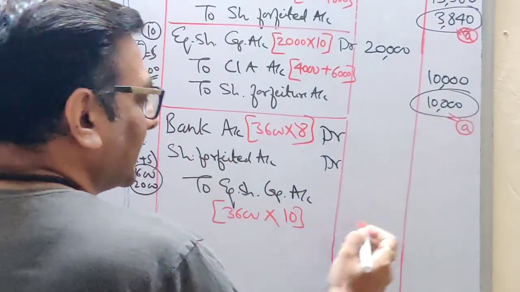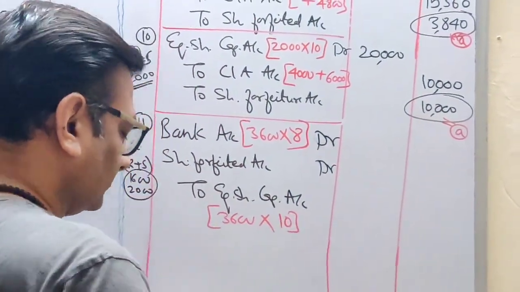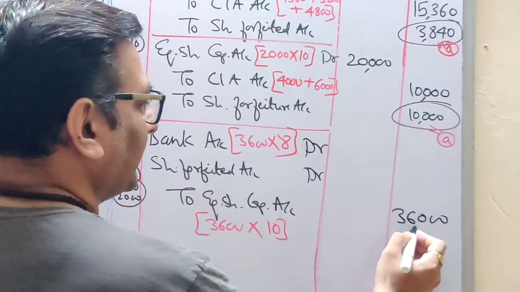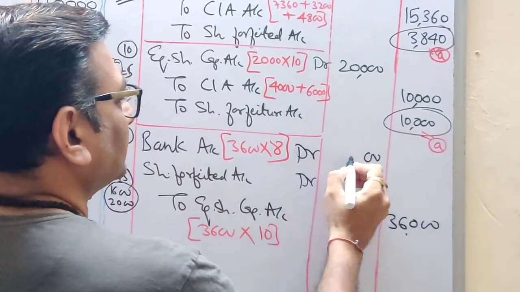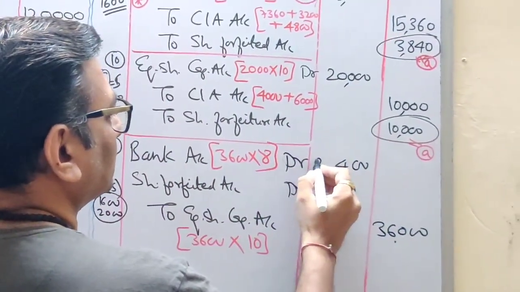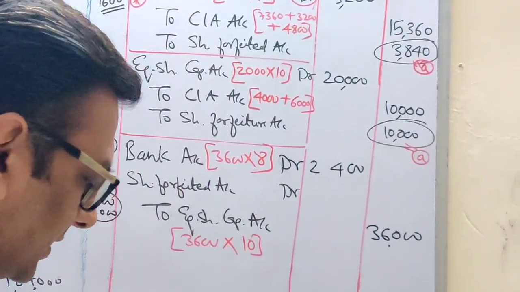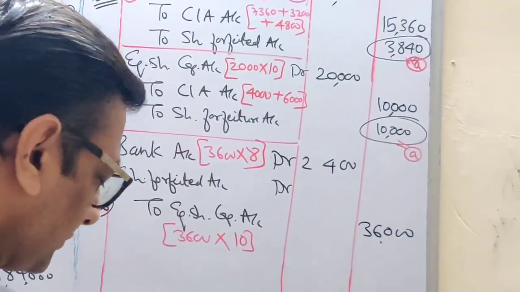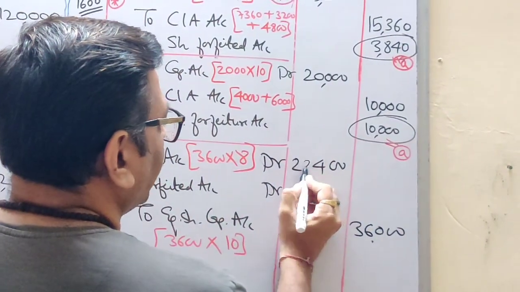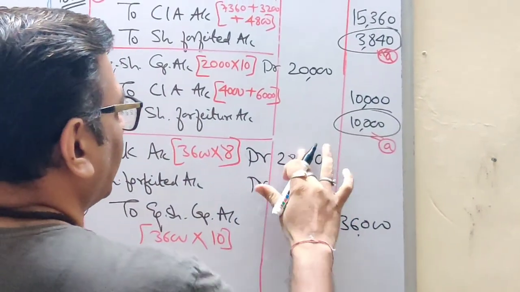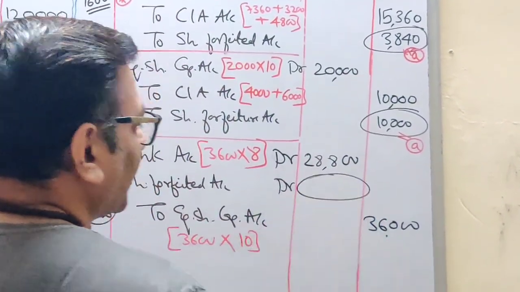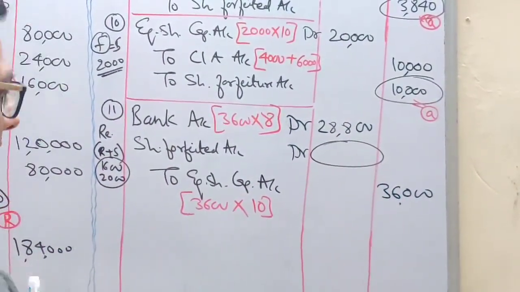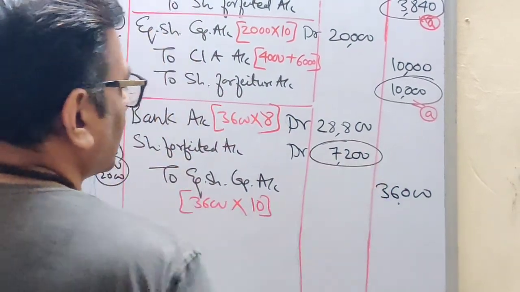So this will be 36,000. So this is 36,000, correct? And this will be 3600 into 8, that is 28,800, and the balancing amount you will put in the forfeiture account. This is a loss.